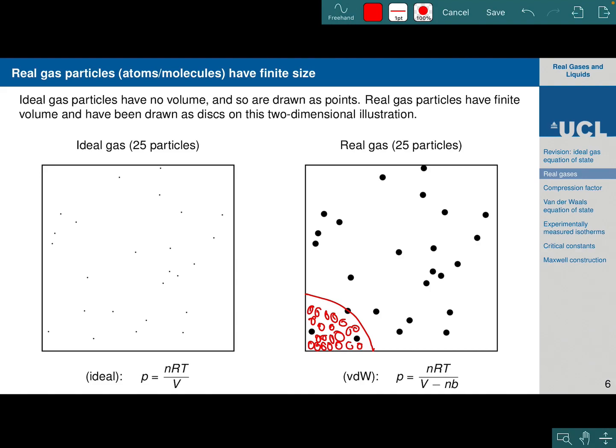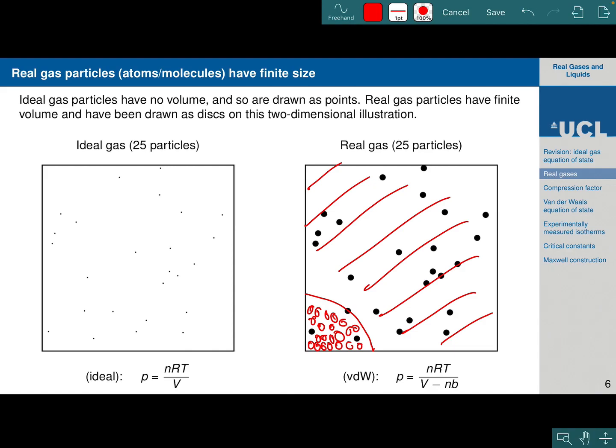And so what that means is that the amount of volume that's left for the particles to move in is just this crosshatched region that's left over. So you can see that the effective volume that the particles are moving in is smaller because the particles themselves have a finite size. And so there's a smaller volume, which would equate to an increase in the pressure.